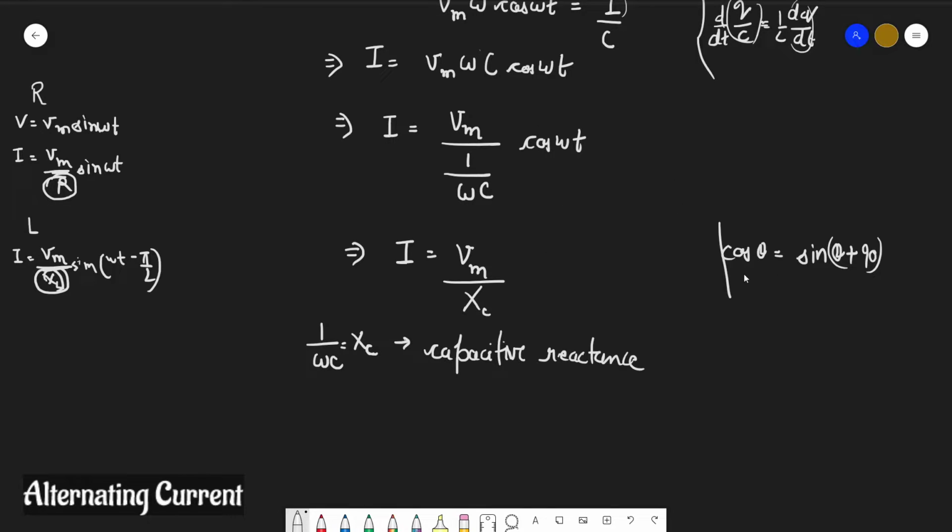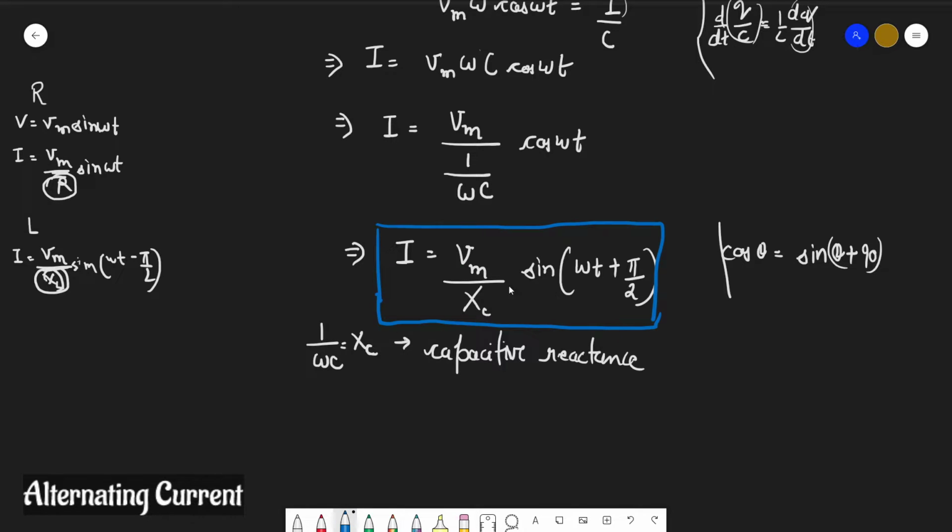Obviously, from this identity, I can write cos as sine of omega t plus 90 degrees, which in radians is pi by 2.